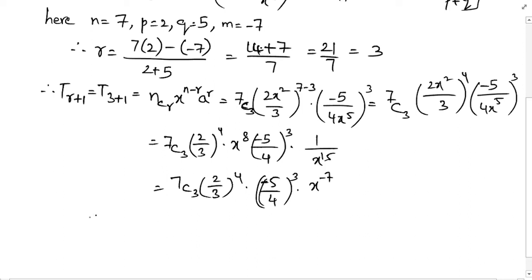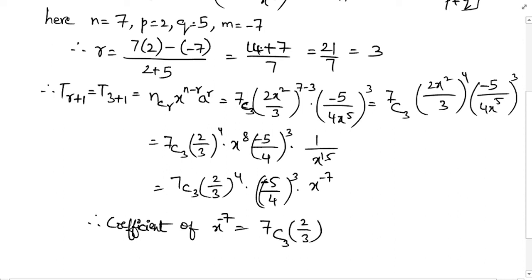So therefore the coefficient of x power minus 7 is 7C3 (2 by 3) whole power 4 into (minus 5 by 4) whole cube. So this is our answer.